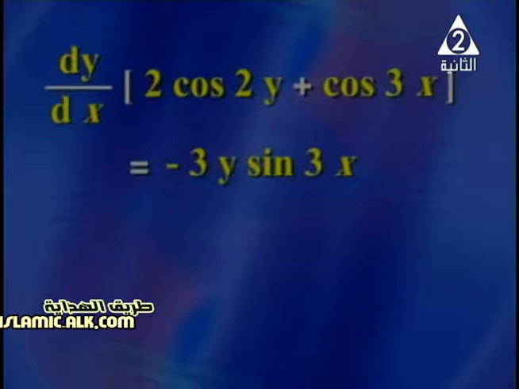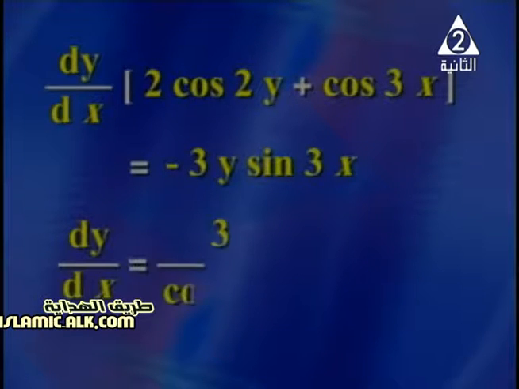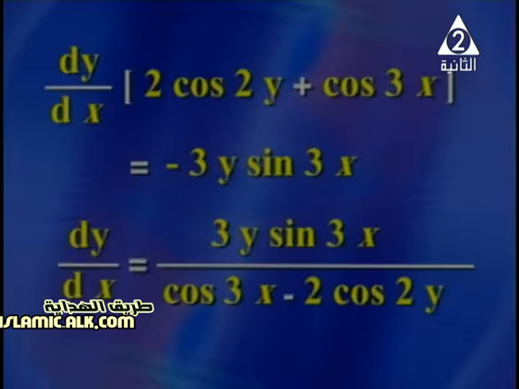Look at, dear student, the required dy by dx: divide each side by the bracket containing 2 cosine 2y plus cosine 3x. Then dy by dx equals negative 3y sine 3x over cosine 3x plus 2 cosine 2y.